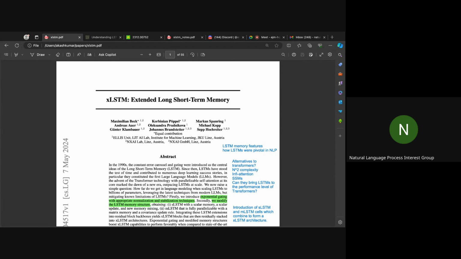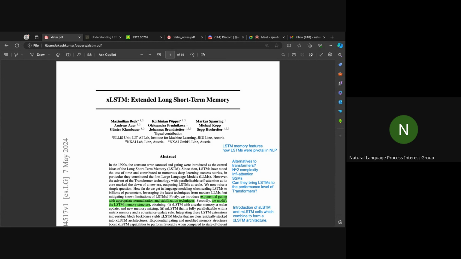Before we begin, a few more notes on the type of memory that was there in the LSTM architecture. So in LSTM, let's say the size of the memory vector or the cell state was 100, then all the memory in the cell state was individual scalar points.